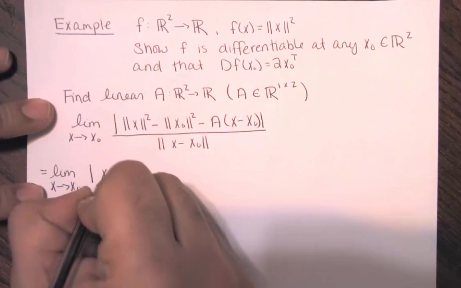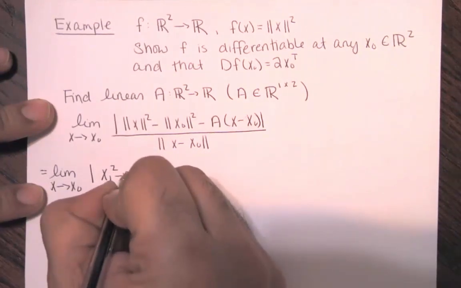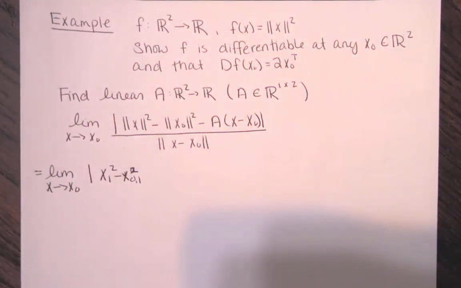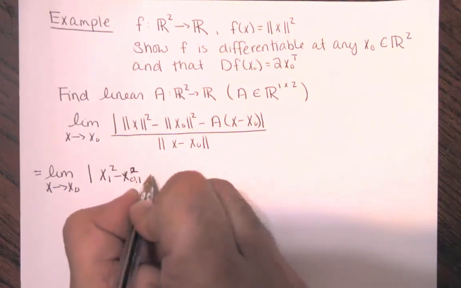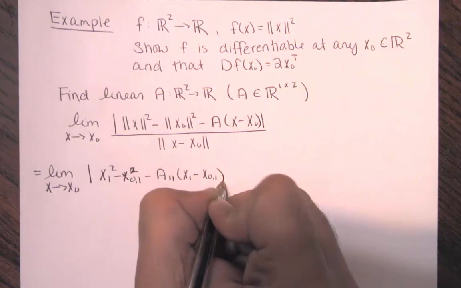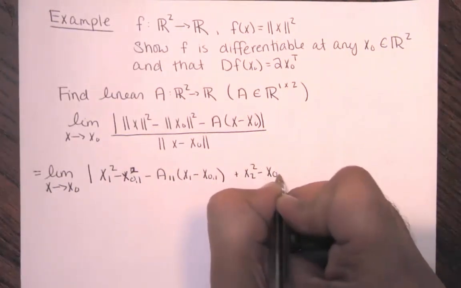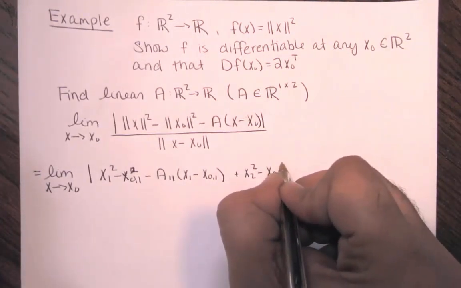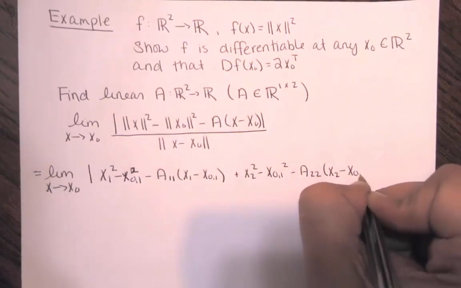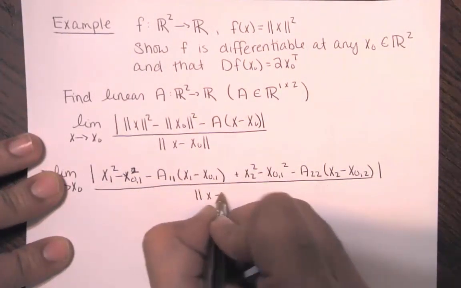So minus x naught 1 squared divided by the norm of x minus x naught.